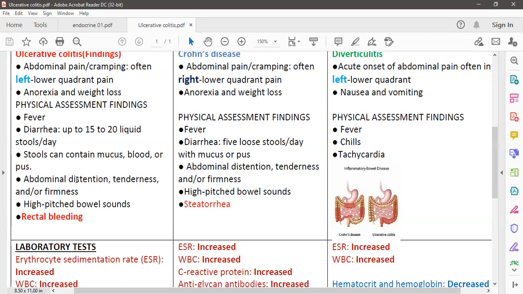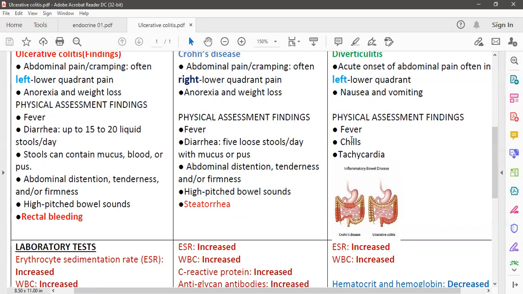Also abdominal distension, tenderness, also in Crohn disease, right? So they have bowel sounds high pitched, rectal bleeding. Crohn disease also has high-pitched bowel sounds, but no rectal bleeding, steatorrhea. Steatorrhea means stool mixed with fatty tissue, fat. Whereas diverticulitis does not have any rectal bleeding or steatorrhea.